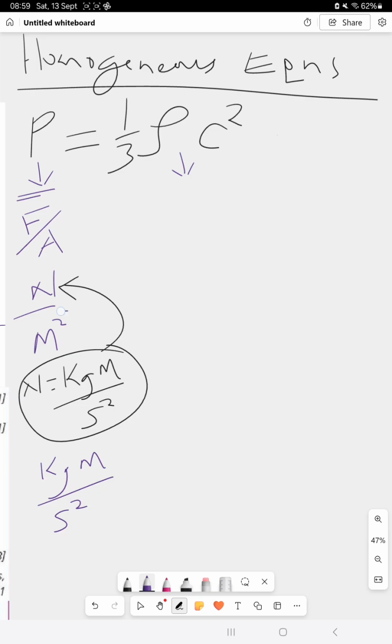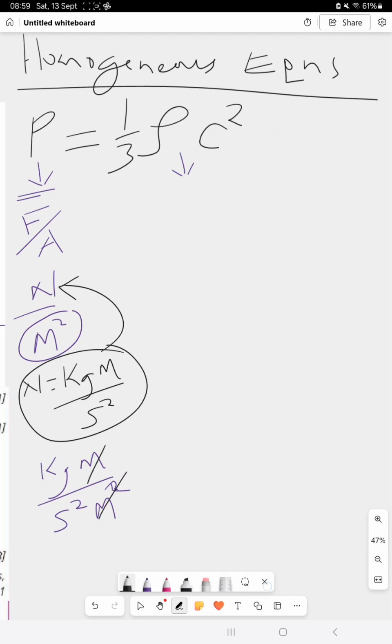Then I bring this one down here, which is the m squared. So I'll have to cancel something here. Cancelling this one and this one, I'll remain with 1m.